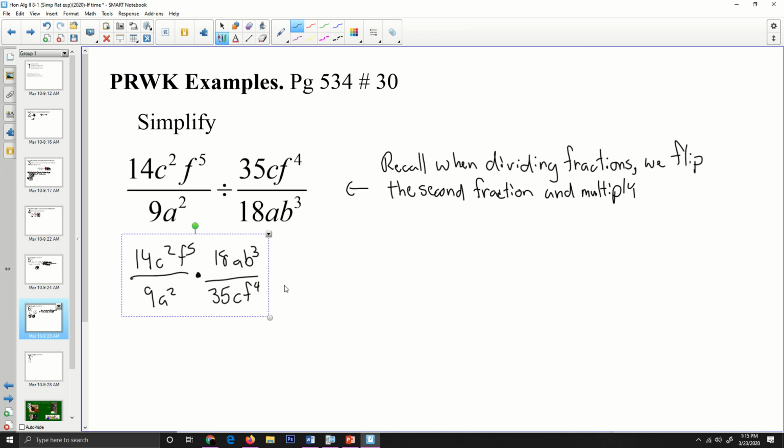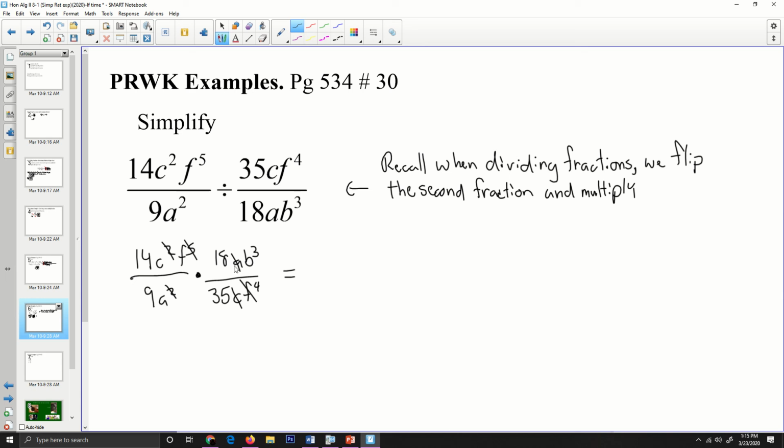Okay, so when I look at this now, canceling across the diagonal, I can cancel out a c from the numerator and the denominator. I can cancel out 4 f's in the numerator and the denominator. I can cancel out an a in the numerator and the denominator.